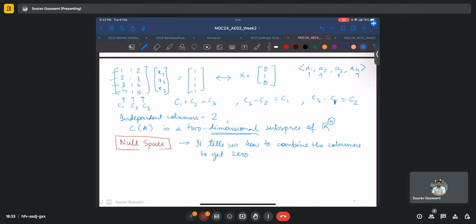So formally, of course, the null space contains all solutions to the system Ax equals 0.